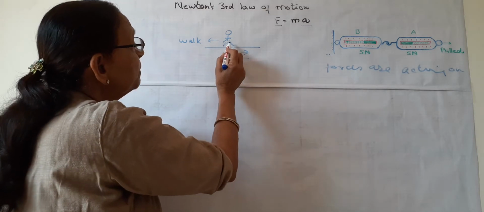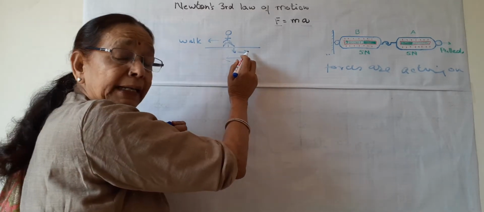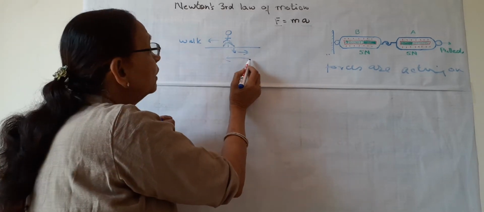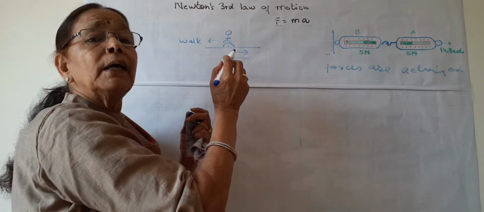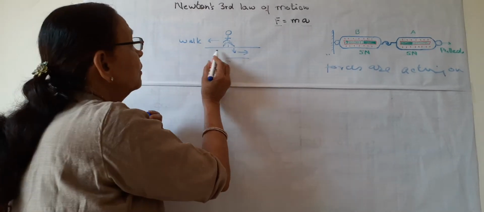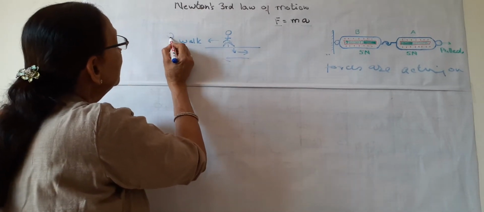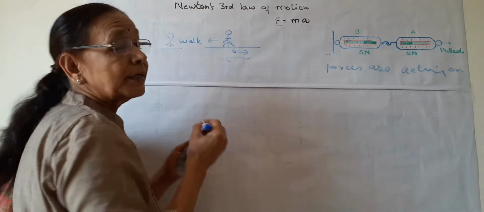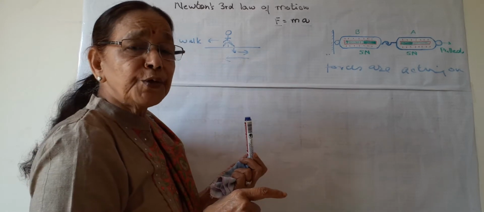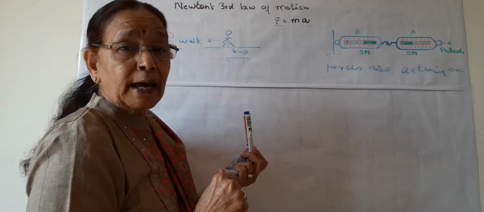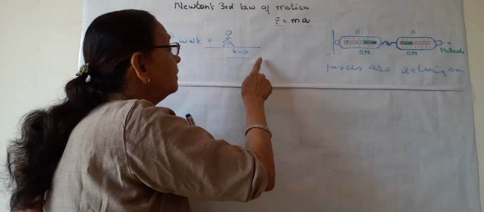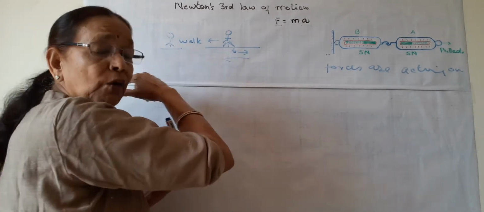So the road gives a reaction force in the forward direction, and he moves forward. Both forces are equal in magnitude but opposite in direction. The man is pushing the road backward and the road is pushing the man forward.